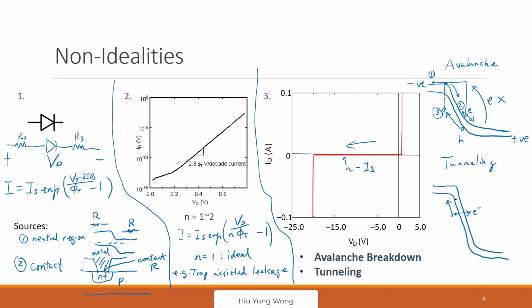Quantum mechanical tunneling means that classically, the particle doesn't have energy to go over the wall, the barrier. But when the wall is so thin and the particle's mass is so small, it has a finite probability to go through the wall, which it cannot if it were classical. Okay, so these are the three non-idealities.